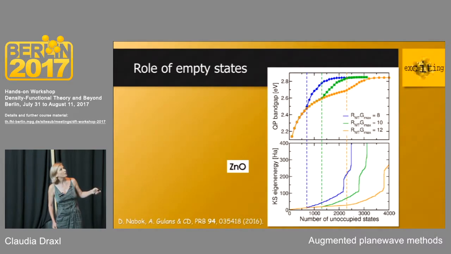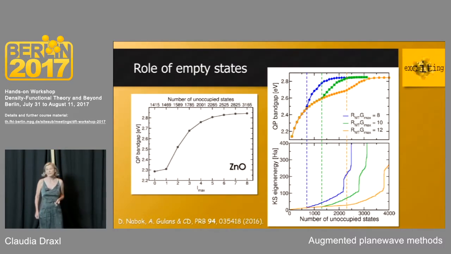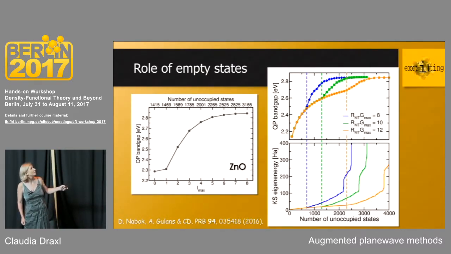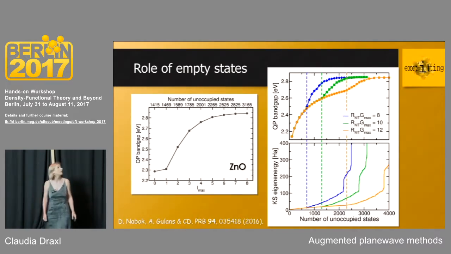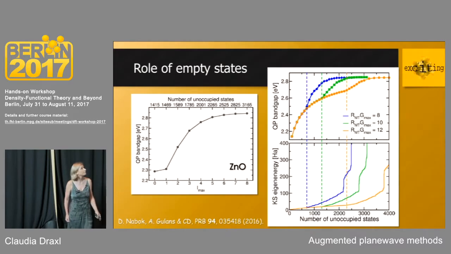The number of plane waves all converges to the same value sooner or later, but it's not so crucial. More crucial is the quality of the local orbitals here. And then this is the final result. If you look this up as a function of L max, then we get a value of roughly 2.8 here.